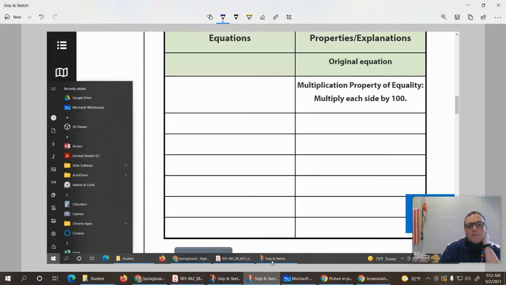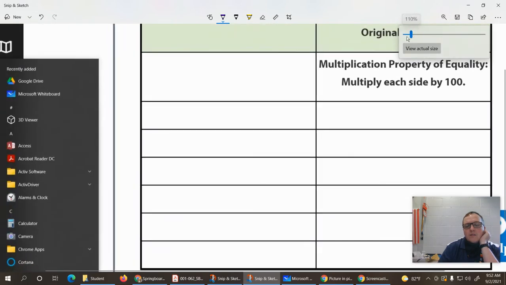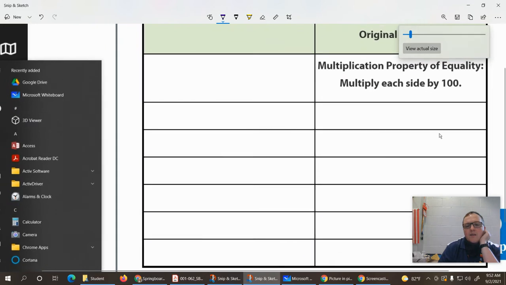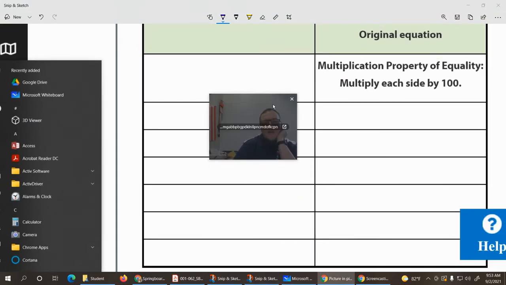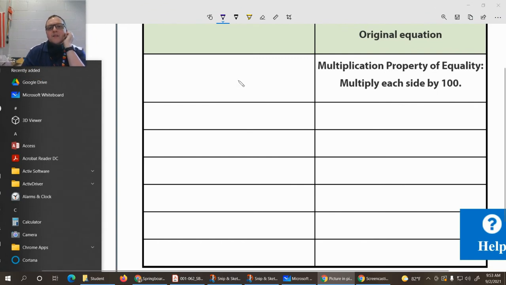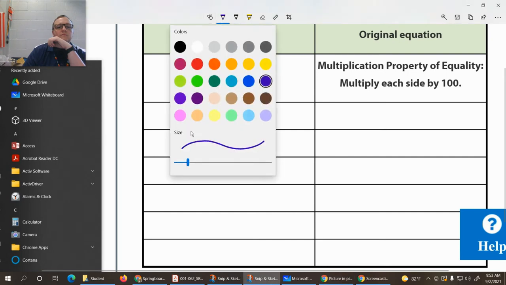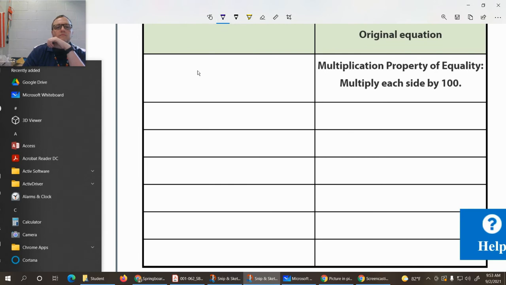All right, now that I've switched my screen, let's see the original equation. I can zoom in on that a little better.